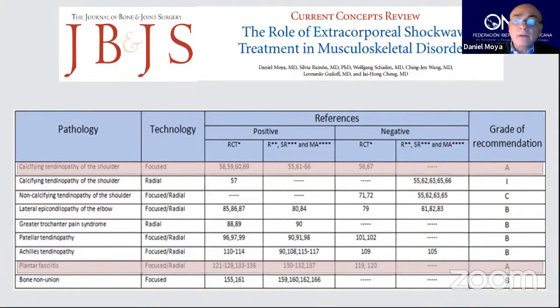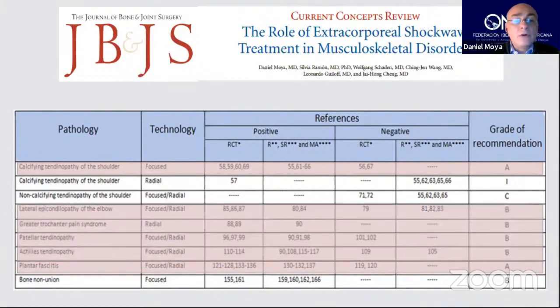There is a level of recommendation B for lateral epicondylopathy, greater trochanter pain syndrome, patellar and Achilles tendinopathy, and in those cases, both with radial and focus waves. For instance, in greater trochanter pain syndrome, there is more evidence with radial waves, but we are receiving information, and in our case, we have personal experience of good results with focus waves.